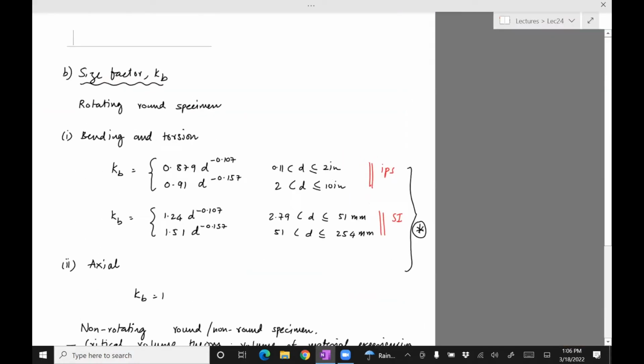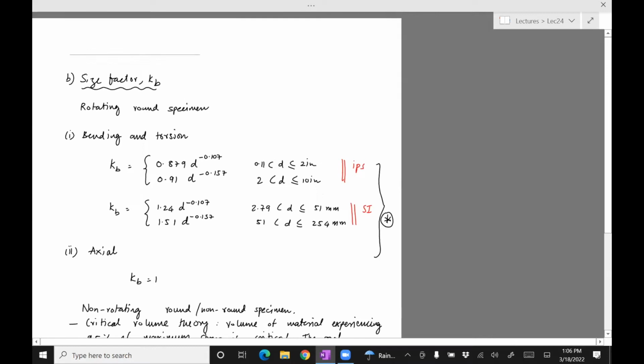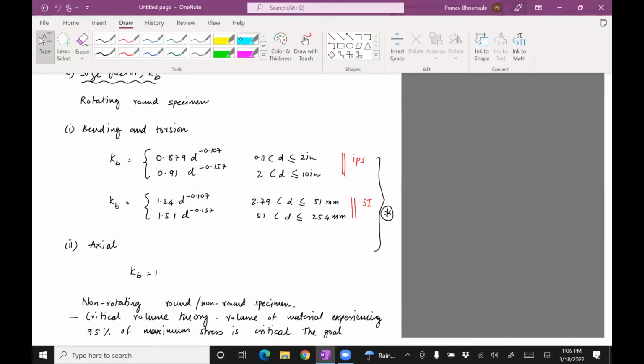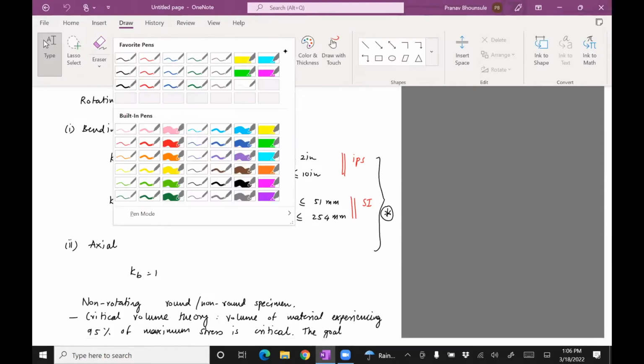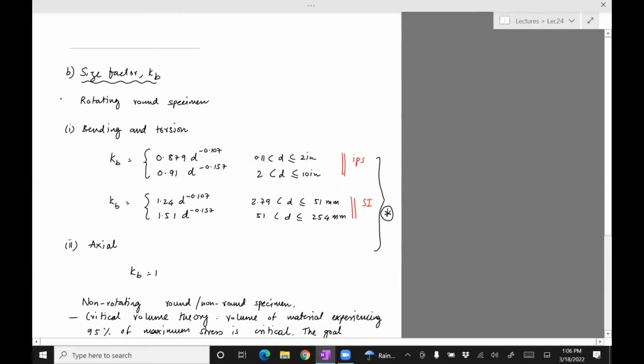Size factor Kb. There are two setups here. One is a rotating round specimen, like the experiment you saw. Within that, there is bending and torsion, and there's axial loading.